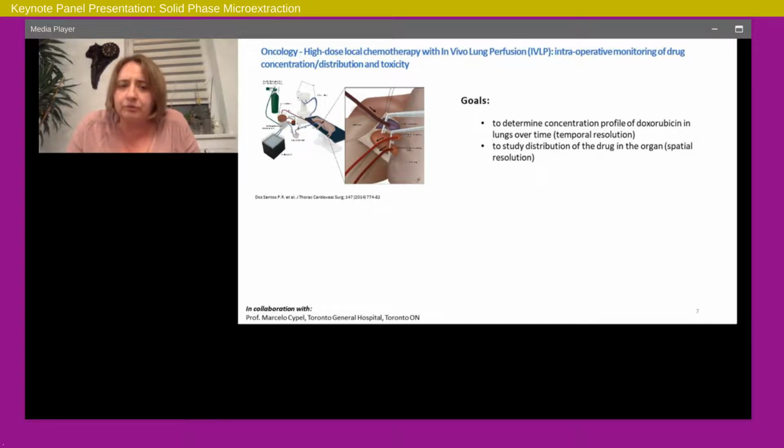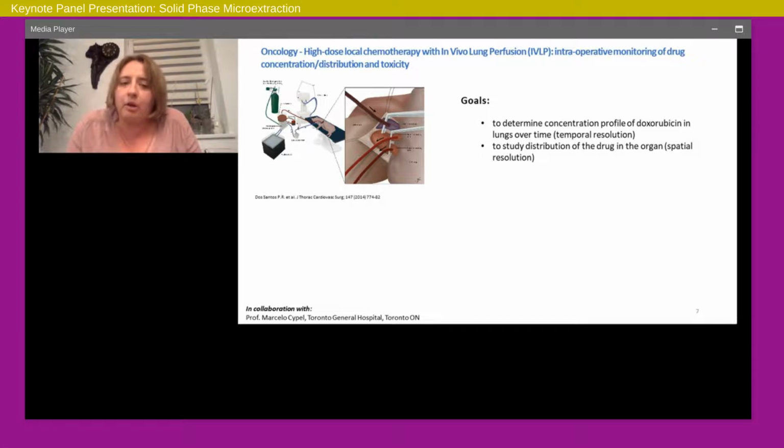They were using a perfusion system to deliver this particular chemotherapeutic agent to the lung tissue where the tumor is located. The lungs are isolated from the rest of the body, so the chemotherapeutic agent shouldn't go into different parts of the body.